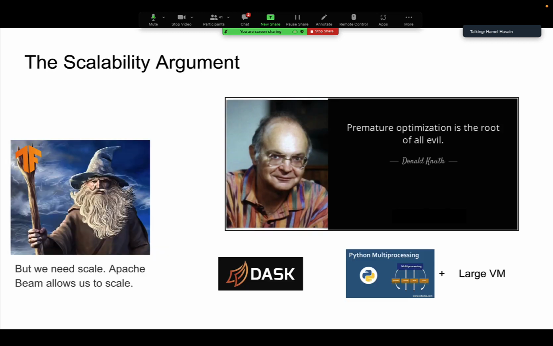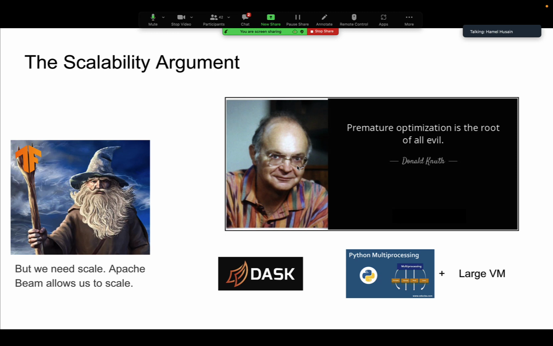The first reason, which gets thrown out quite a lot, is the scalability argument: we need scale, and Apache Beam and things like that allow us to scale. It's really important to keep in mind that scaling when you don't need to scale is counterproductive.